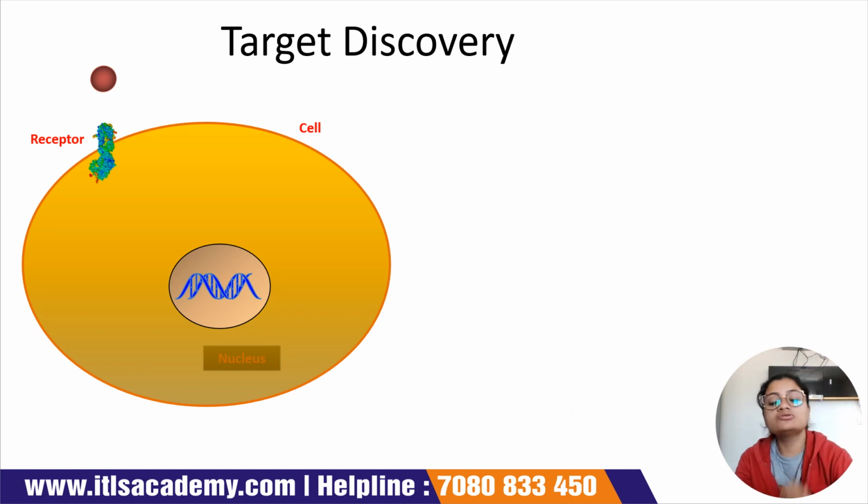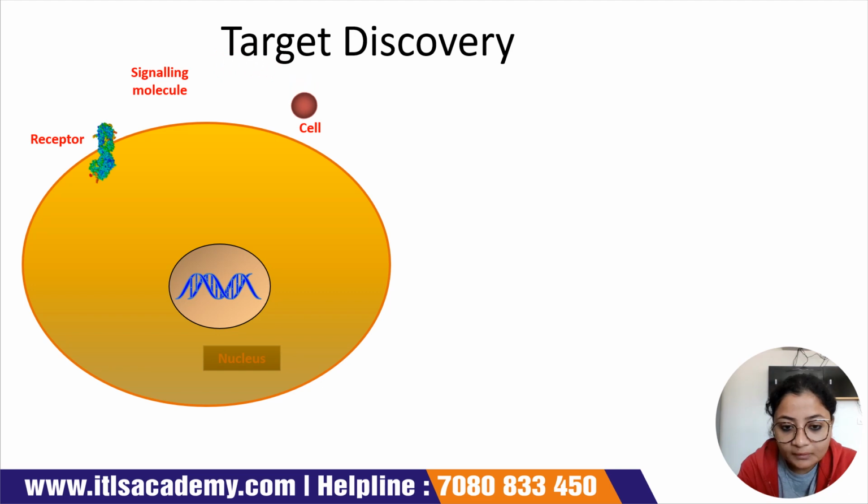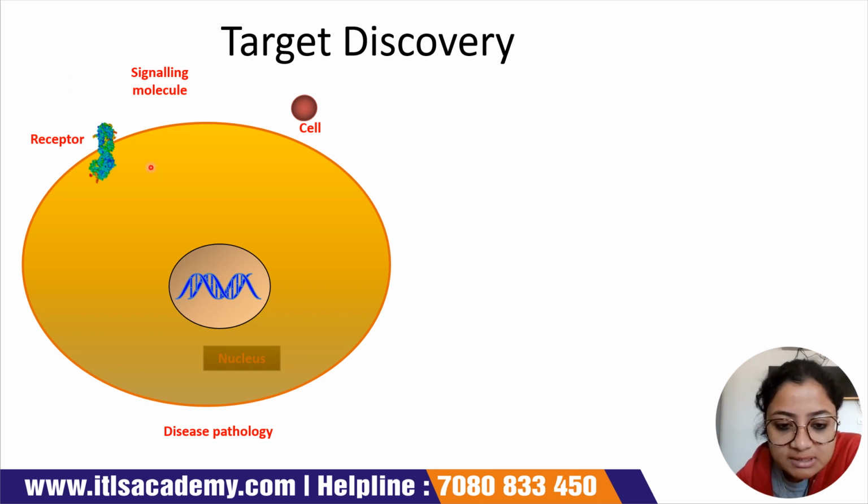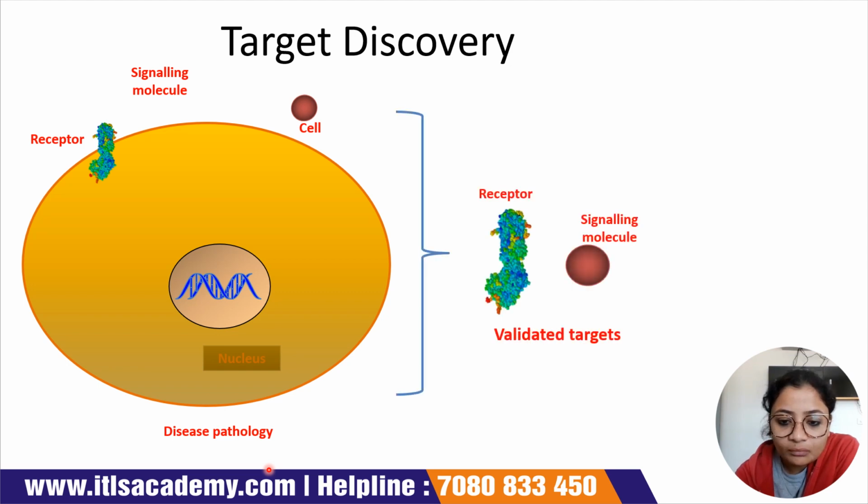Now see, how will you discover a target for a monoclonal antibody? So this is the signaling molecule, this is the receptor, this is the cell that we have. Inside the cell we have the nucleus where the DNA is, and let's consider this cell is affected by the disease pathology. The signaling molecule will go and bind with the receptor.